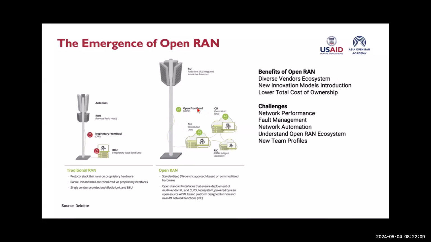Now it's an open mechanism, so that we can mix and match our RU to the DU, and at the same time the DU and the CU. And of course, it will be operating on software-defined technology, so you can buy proprietary software from another vendor to run inside these COTS, or commercial off-the-shelf servers.